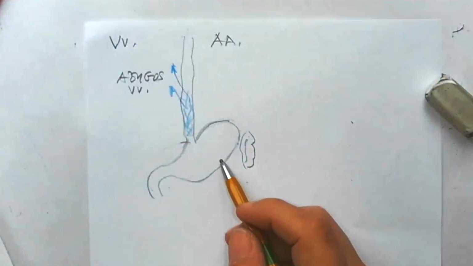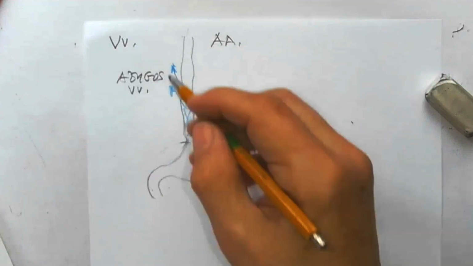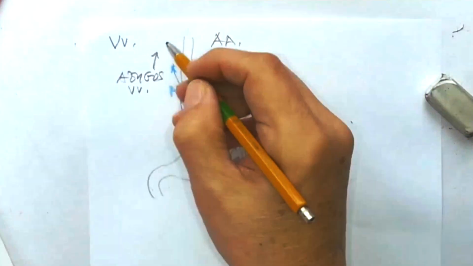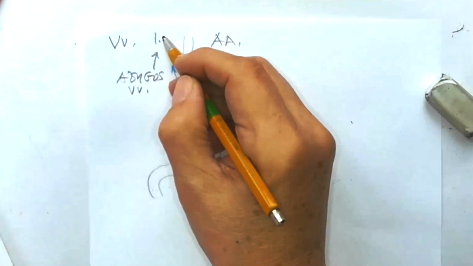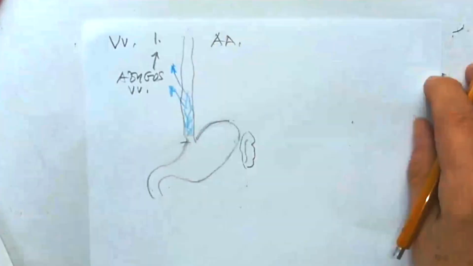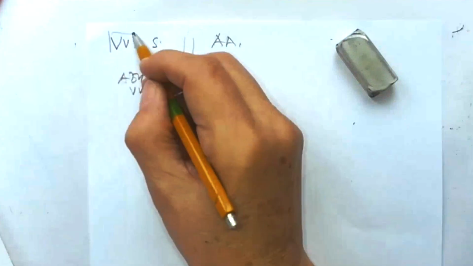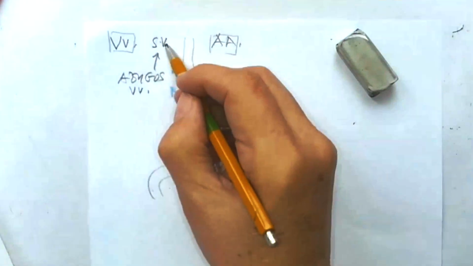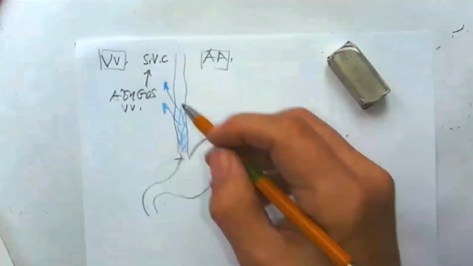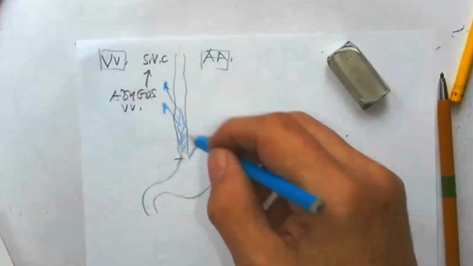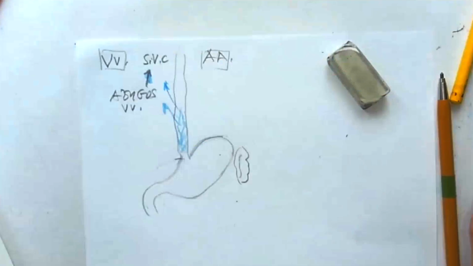Of course, it means also hemiazygos, etc. And they open with connection to the inferior, but opening into the superior vena cava. This is true. So they open finally into the superior vena cava.